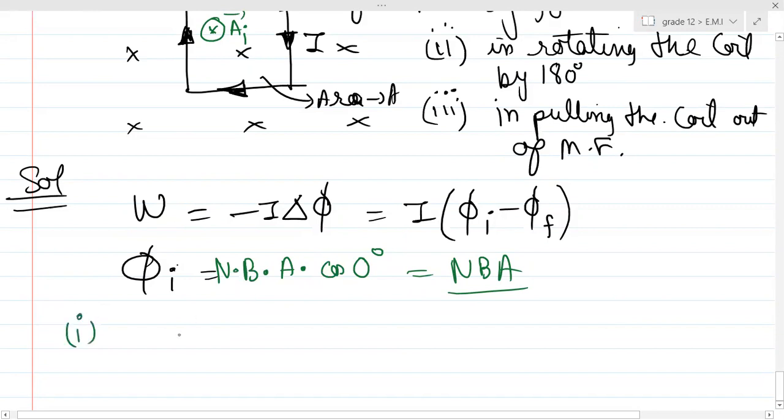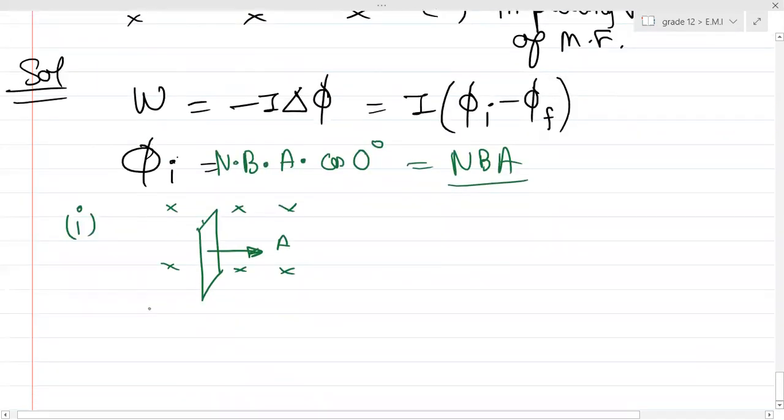So the first part, when it is rotated by 90 degrees, the loop becomes something like this. That implies the area vector becomes something like this. Now the magnetic field is pointing into the plane. What is the angle between the magnetic field and the area vector?